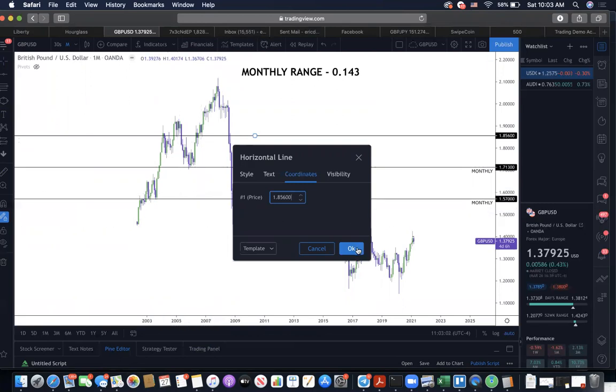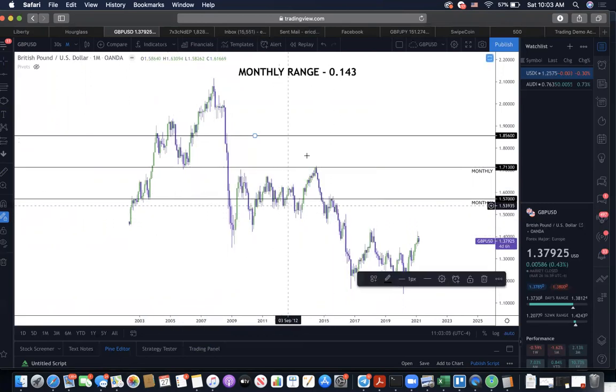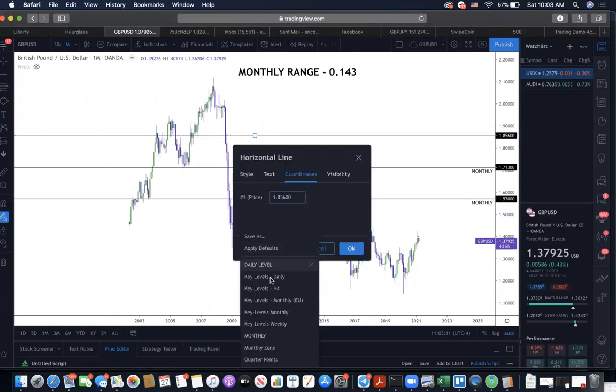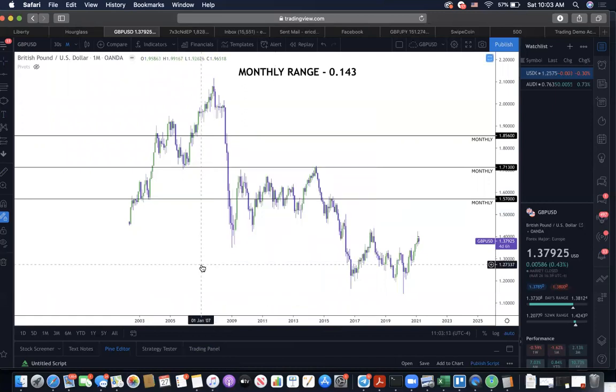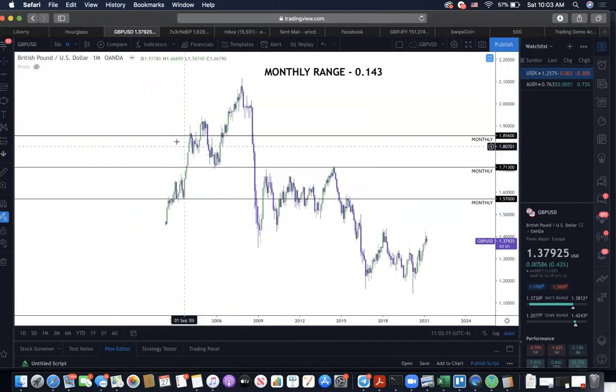Now notice when I added this new monthly key level, notice how the next line had price. Look at the price action: rejection, rejection here, rejection here. It bought right here.